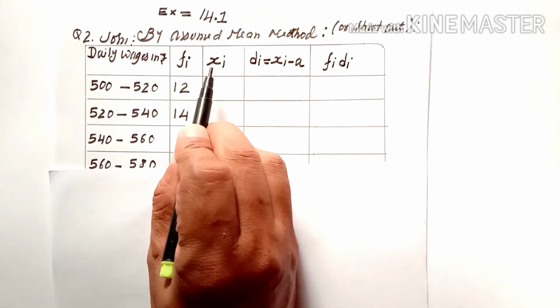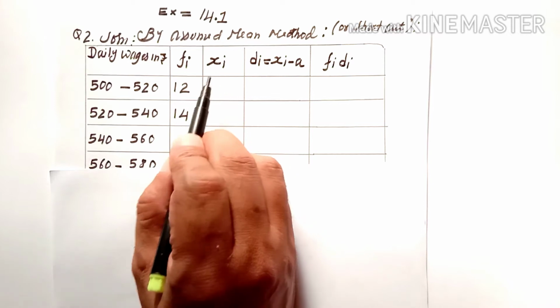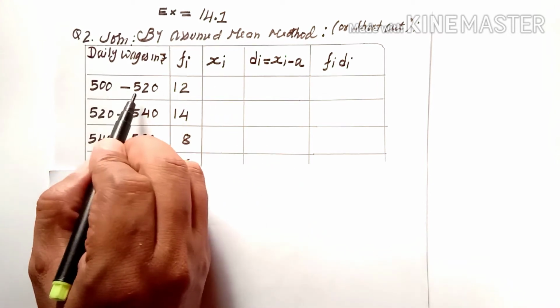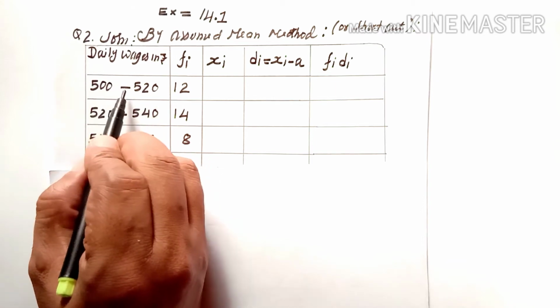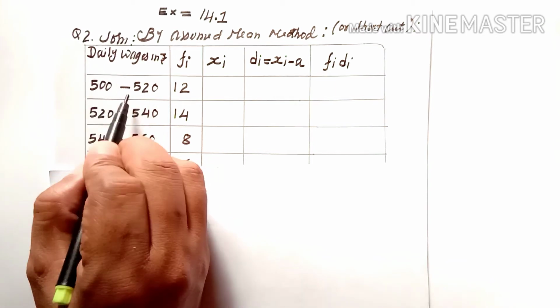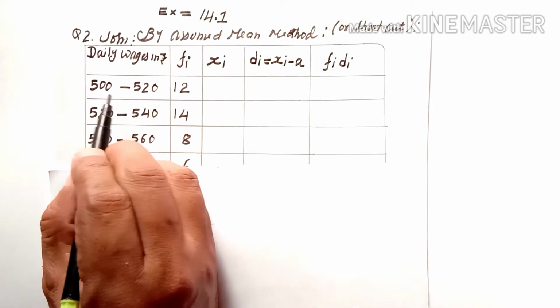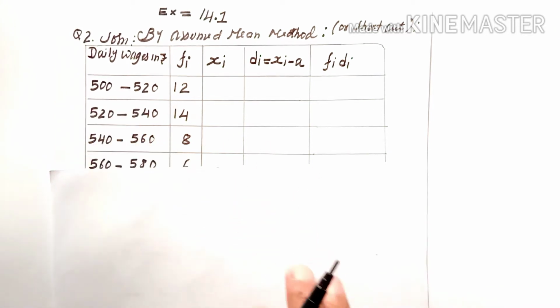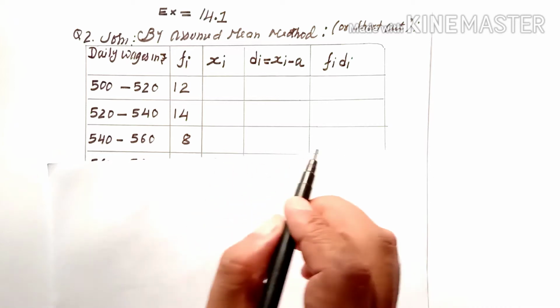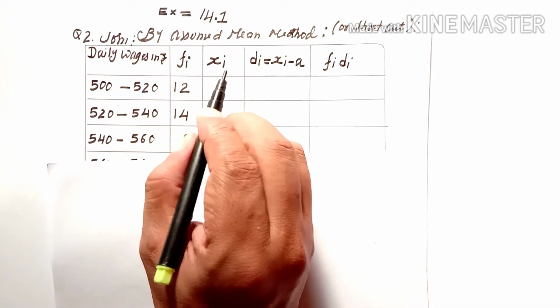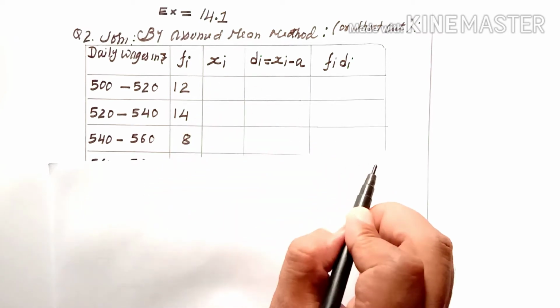Now xi, that is the class mark. How to get a class mark? It is the middle value. For 500 to 520, the middle value can be found by observation also. But if you think it is difficult to apply observation, you can take the help of calculation. Like I said in question number 1, to get the class mark or mid value: lower limit plus upper limit, divided by 2.